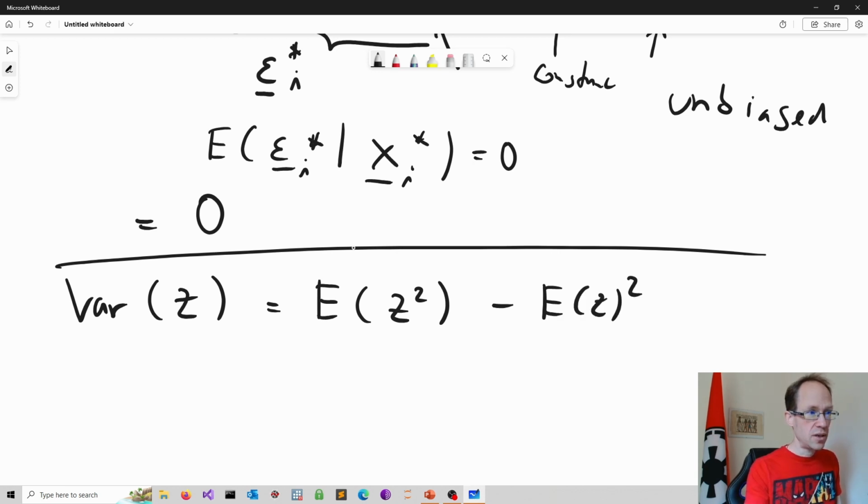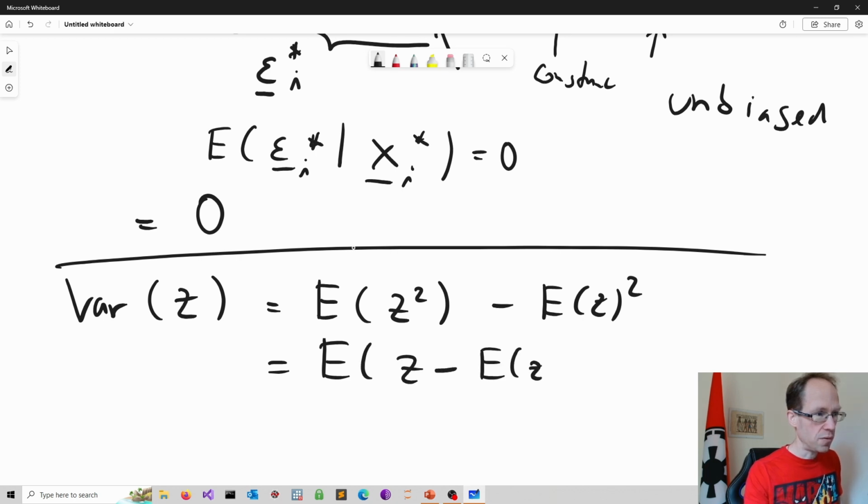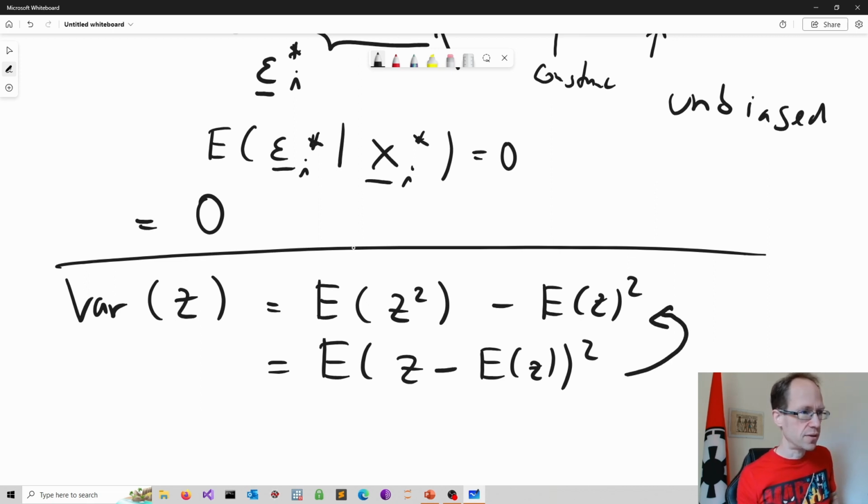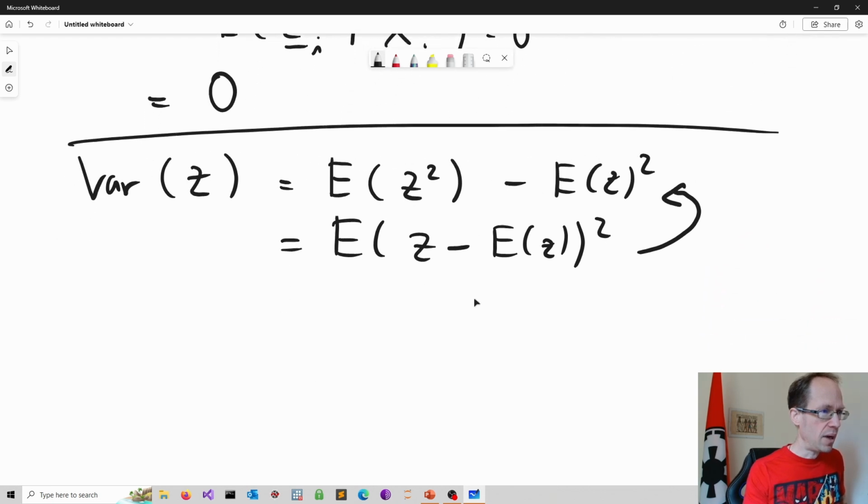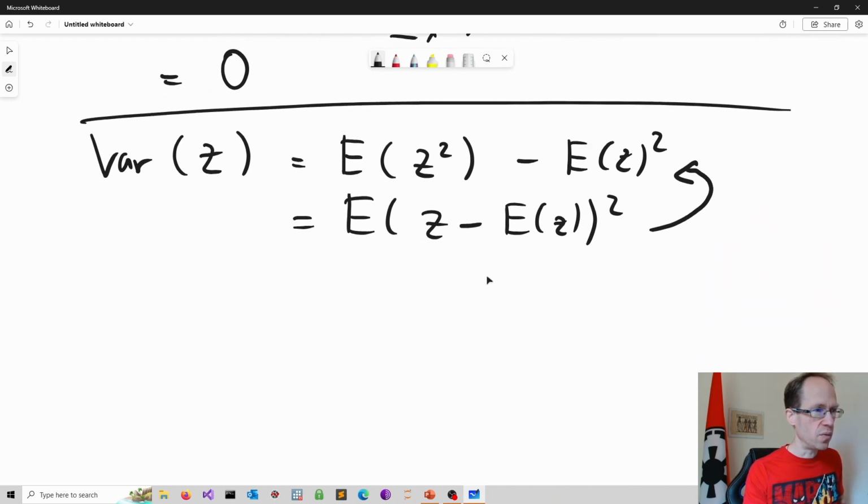Now this equation you can easily derive from the basic definition of a variance, which is Z minus expected value of Z to the power of 2, simply the central moment. So basically from this you can easily move to this line. If you're unsure about this, try this at home and it should kind of work out.